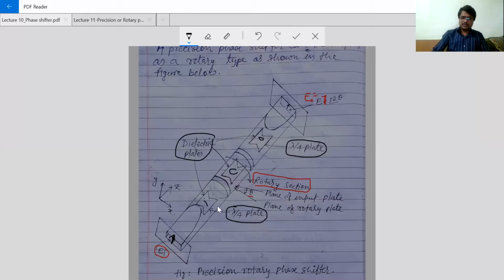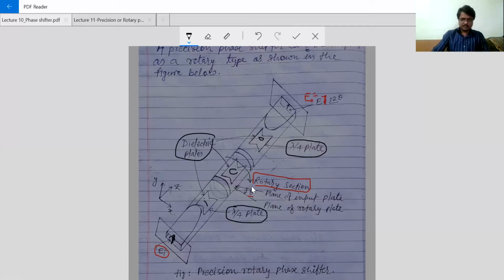It means the angle between the incident electric field and the input lambda by 4 plate will be 45 degrees. And the output lambda by 4 plate is in the same plane as the input dielectric plate. This output dielectric plate is also placed at 45 degrees with respect to the incident electric field.